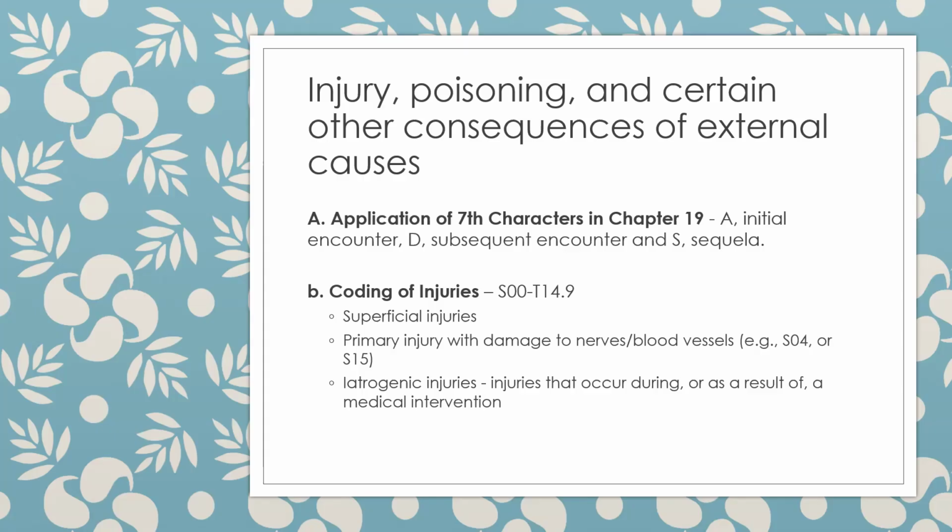When a primary injury results in minor damage to the peripheral nerves or blood vessels, the primary injury is sequenced first with additional code or codes for the injuries to the nerves and spinal cord, such as category S04, and/or injury to blood vessels such as category S15. When the primary injury is to the blood vessels or nerves, that injury should be sequenced first.